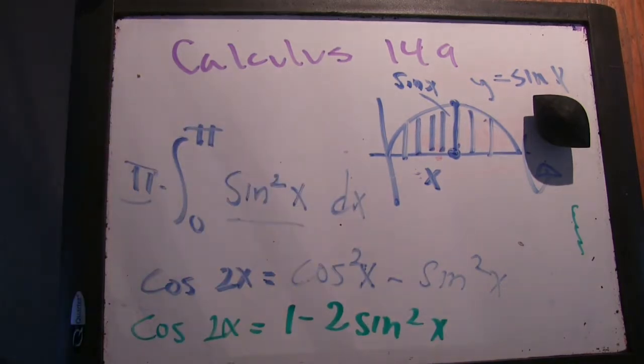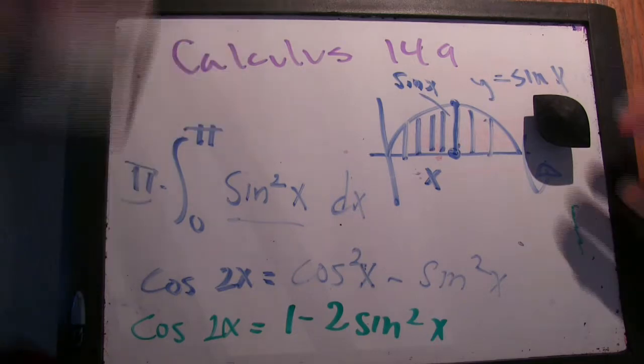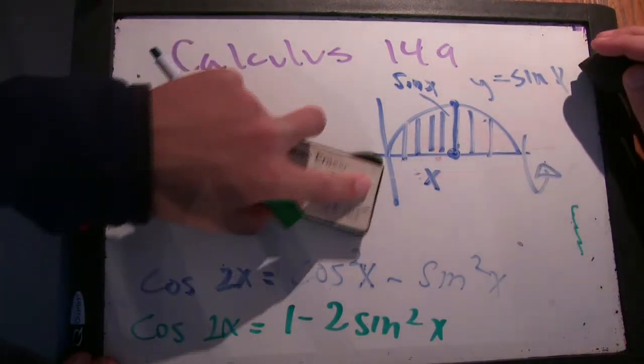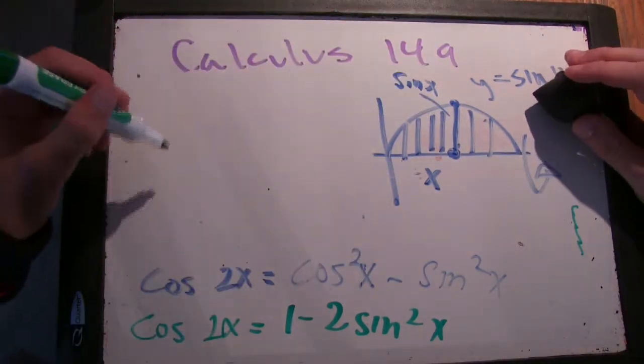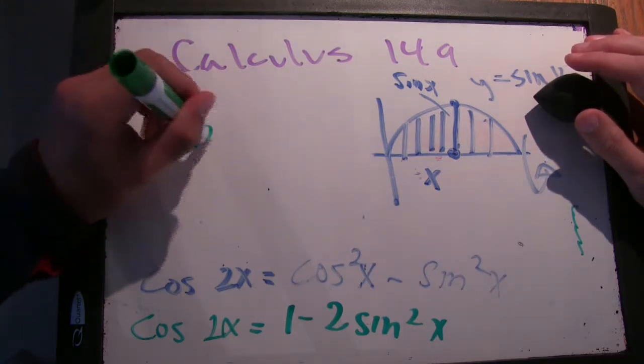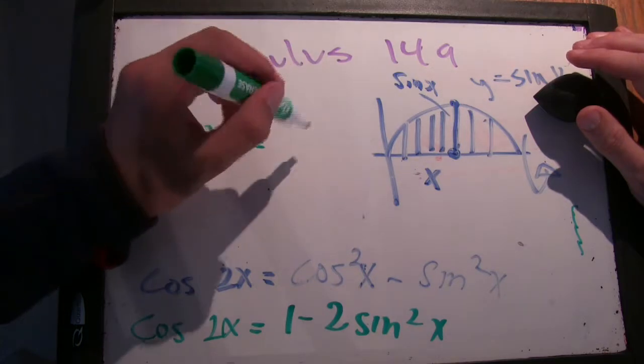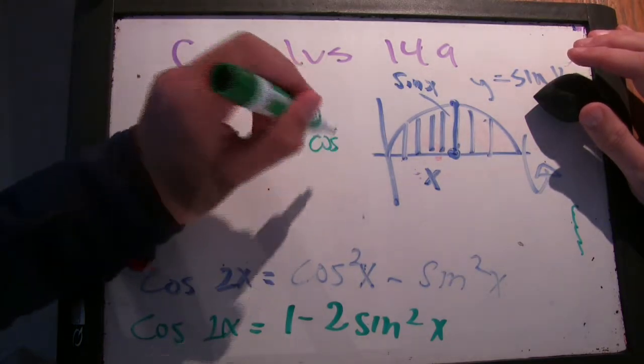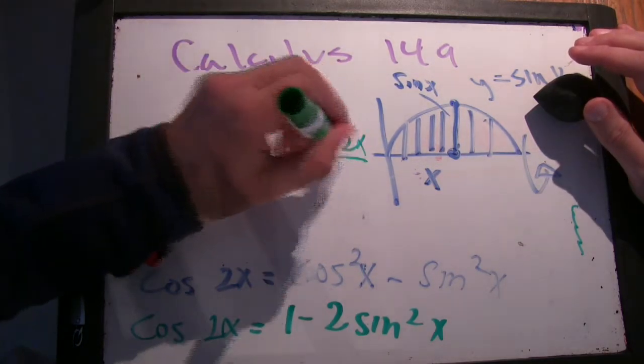Very good. So what is sine squared? Sine squared is going to be 1 minus cosine 2x over 2.